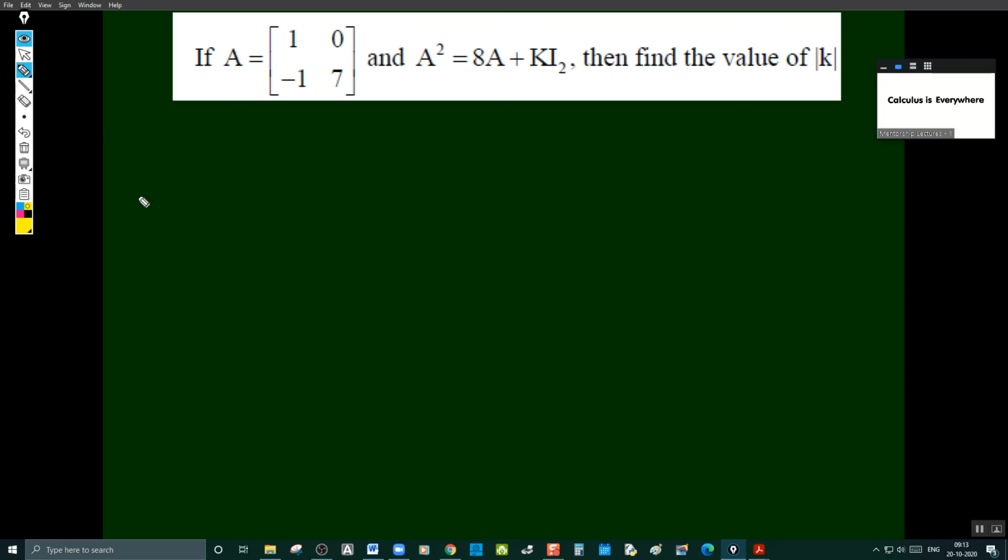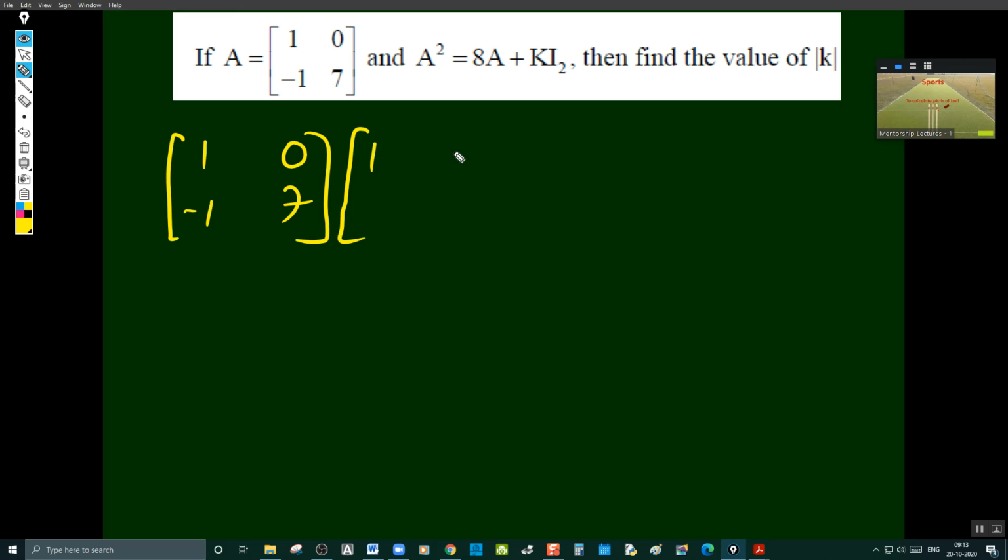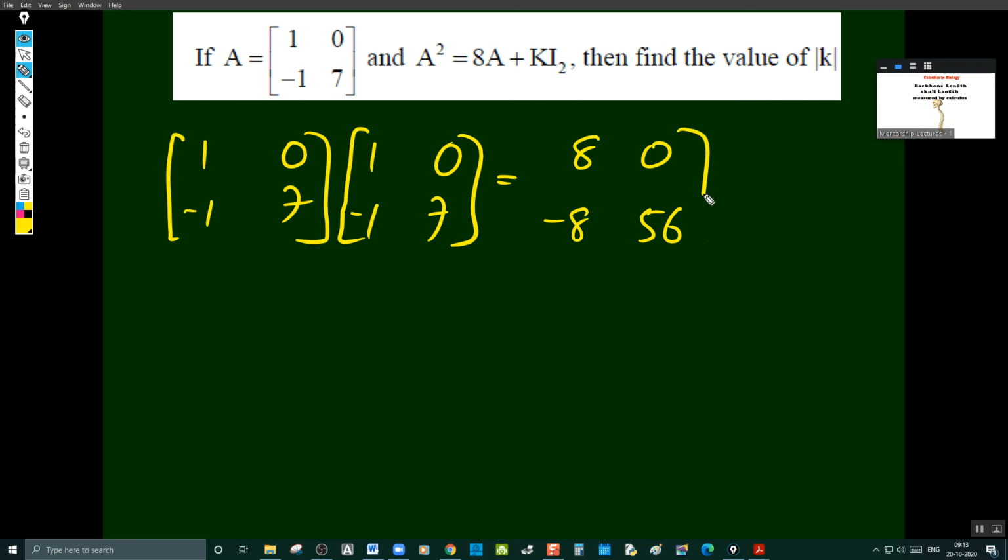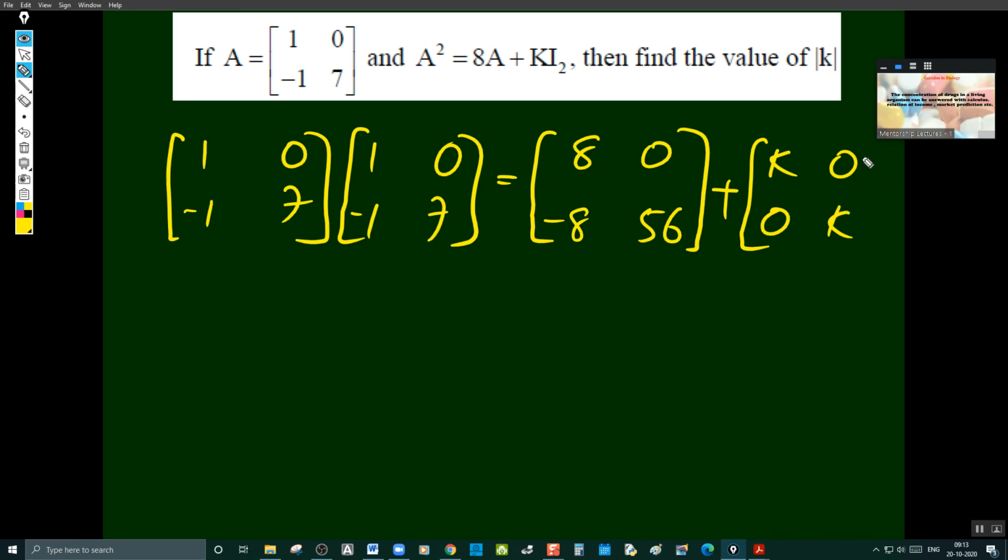A square, 8A. Sir, mod k is 7. Mod k is 7, huh? Okay, let's check it out.